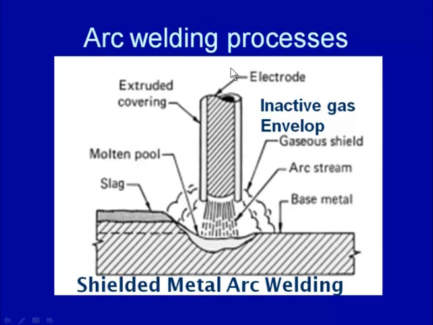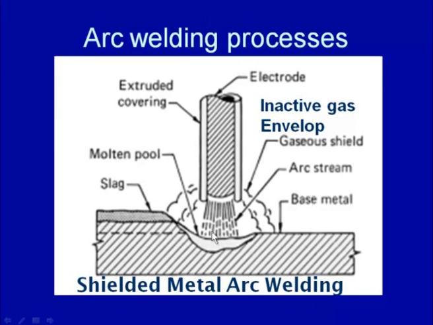Say, for example, the shielded metal arc welding process uses a consumable electrode, and this consumable electrode mainly has a covering of flux all around it, and this covering of flux is decomposed with the help of heat generated by the arc between the electrode and the base metal.